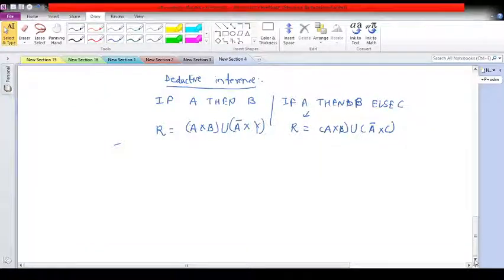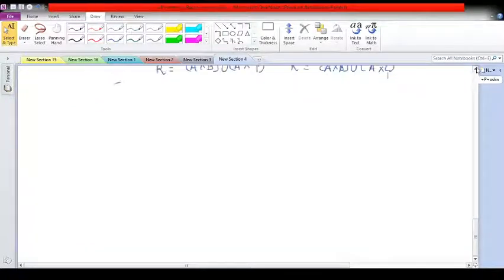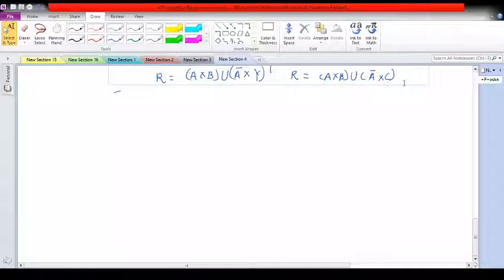Let us take an example of how to obtain the relation matrix. Suppose I have some system with two variables, for example temperature and pressure.